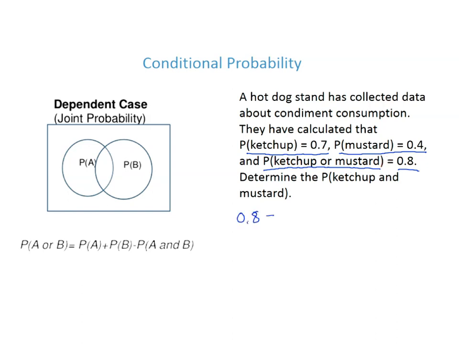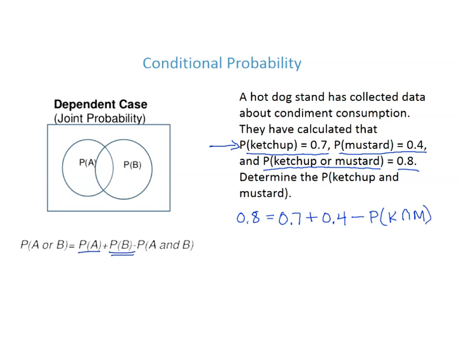So you'd have 0.8 equals the probability of A. I'm just following the next part of the formula, the probability of A. And for us, that's going to be this right here, the probability that they choose ketchup, plus the next part of the formula, the probability of B, which would be the probability that they choose mustard, and then minus what we're looking for, the probability of ketchup and mustard.